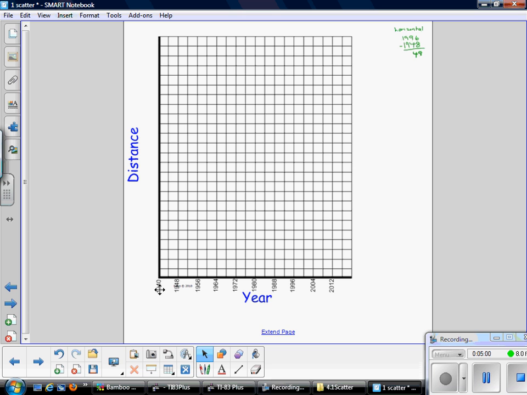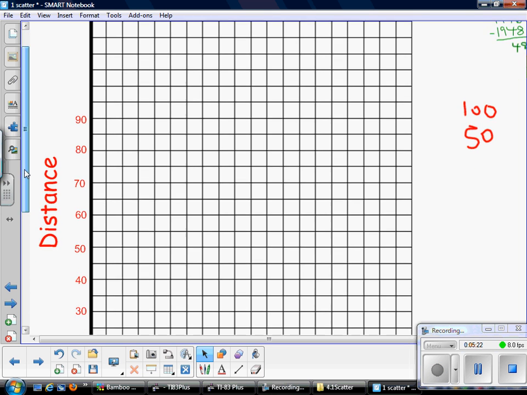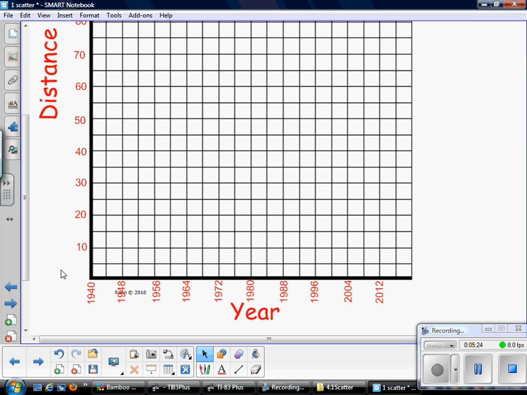So again, I need to know how many squares I have in order to get my numbers to fit in there. So we're going to do subtracting again, counting our squares, and then dividing to see how we want to go up. I want to start somewhere the numbers fit between 50 and 100, and I have 25 squares here. So I'm thinking each square is going to be worth 5.